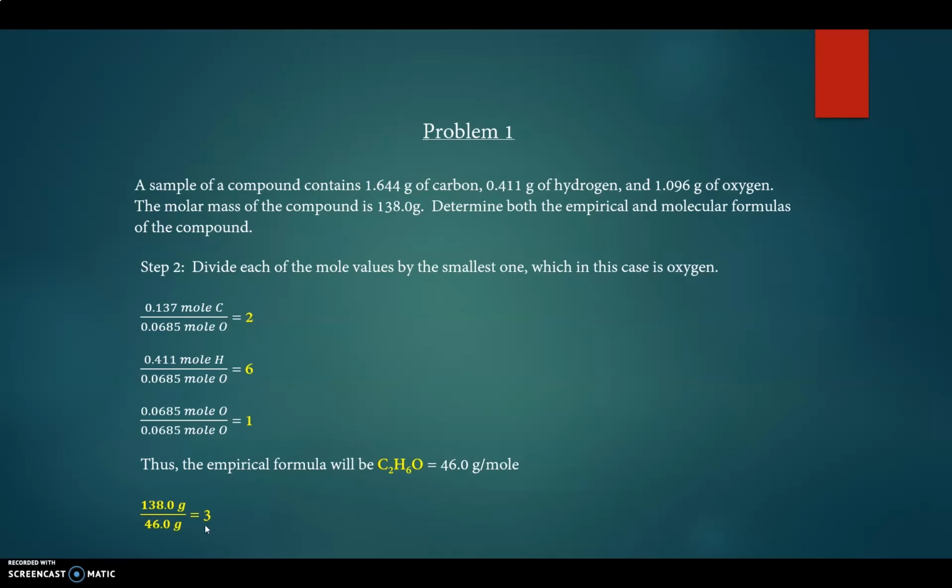If it's not, then you have a problem. And so this tells us that the molecular formula of the compound is actually 3 times greater than the empirical formula. So the molecular formula would be C6H18O3.